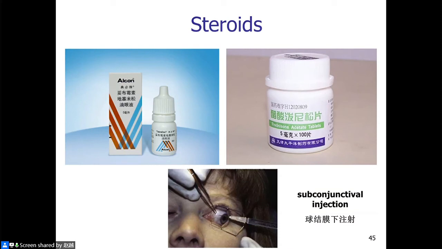For patients with corneal epithelial keratopathy that are not suitable for steroid eye drop treatment, subconjunctival injection of dexamethasone can be given. For patients with reactive optic disc edema or macular cystic edema, dexamethasone can be injected under the Tenon capsule.